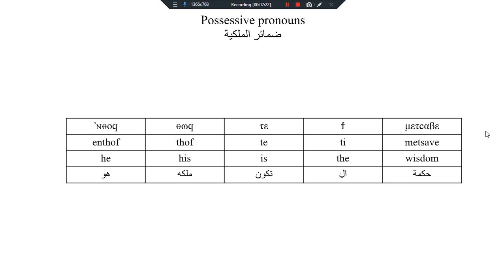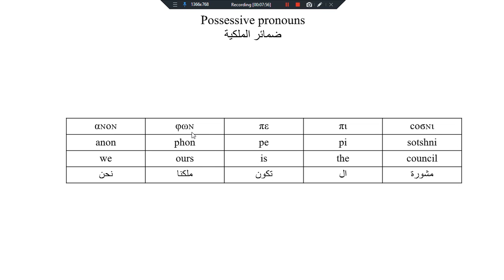Sof te timitsave, his is the wisdom. Nof ne nishiri, his are the children. When it has to do with hers, we say fos pe pisuteshni, hers is the council. Sos te timitsave, hers is the wisdom. Nos ne nishiri, hers are the children.